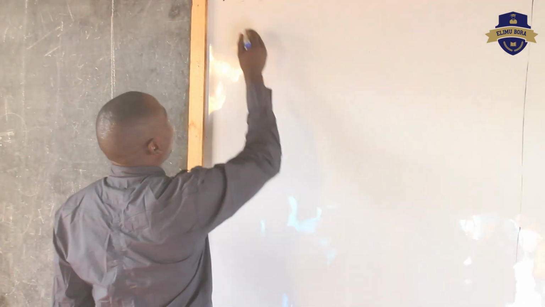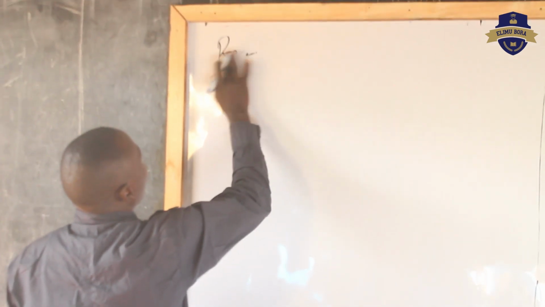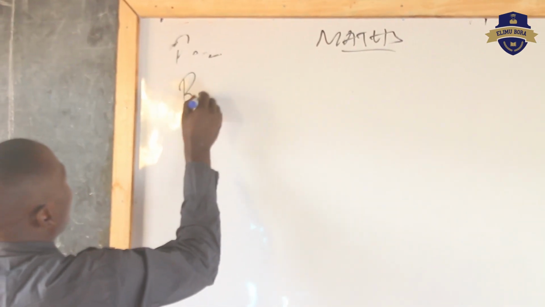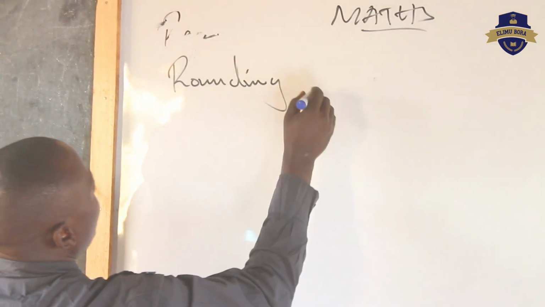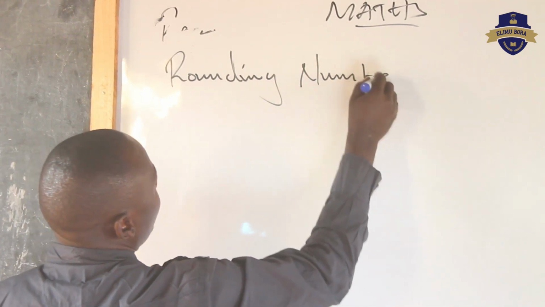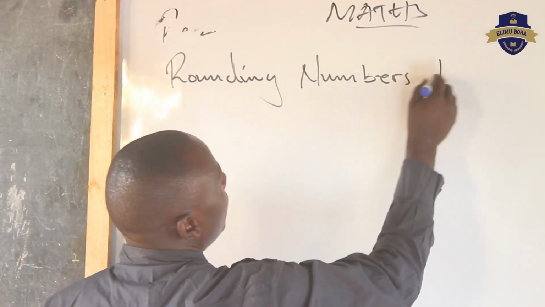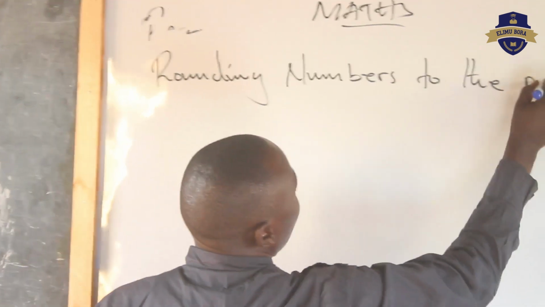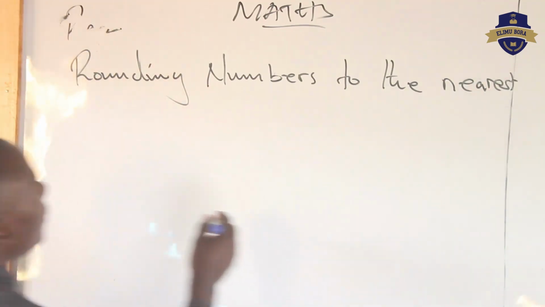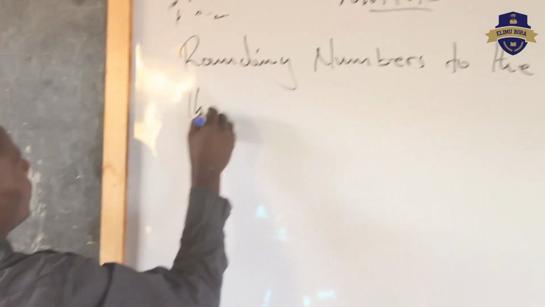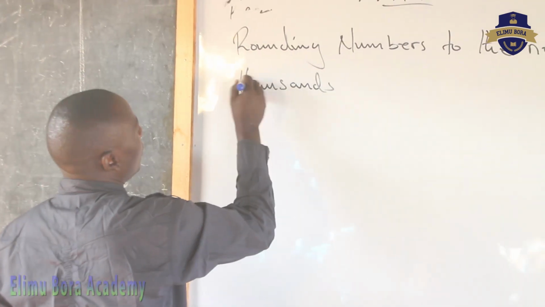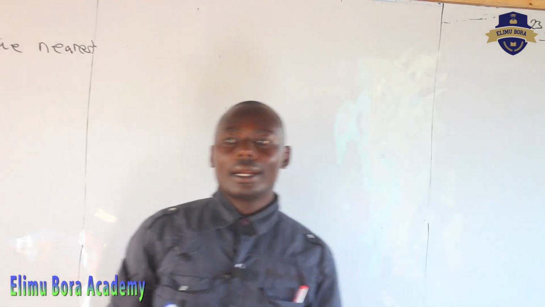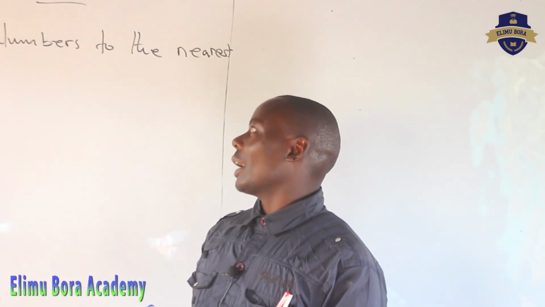So you can write down this topic: rounding of numbers to the nearest thousand.